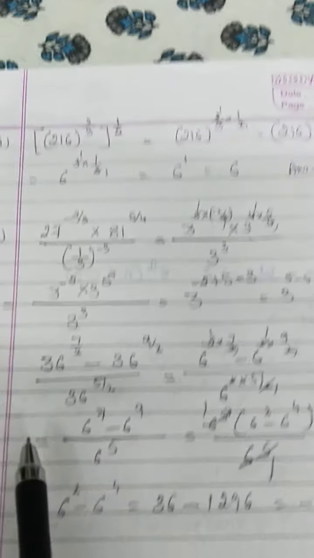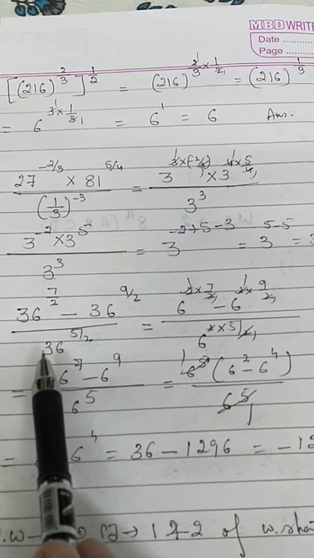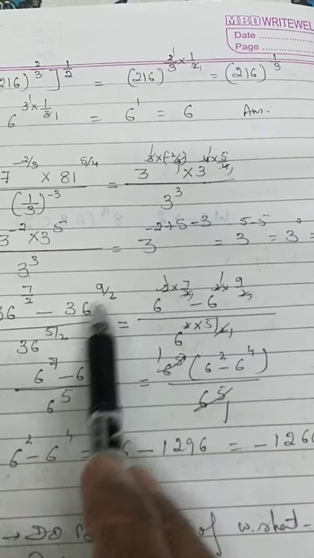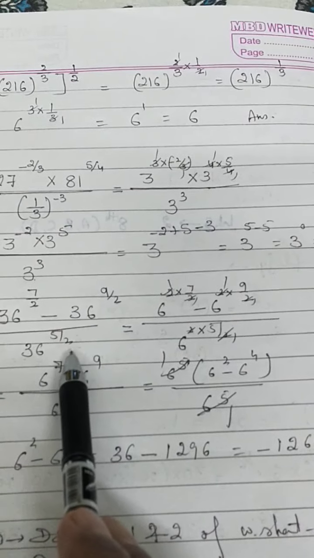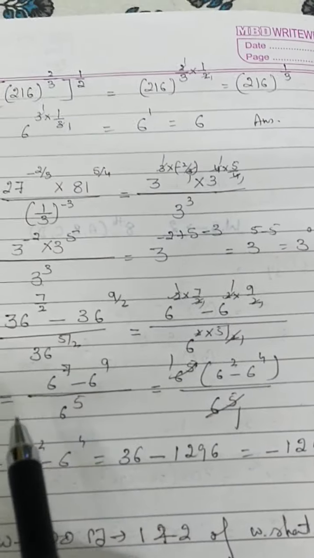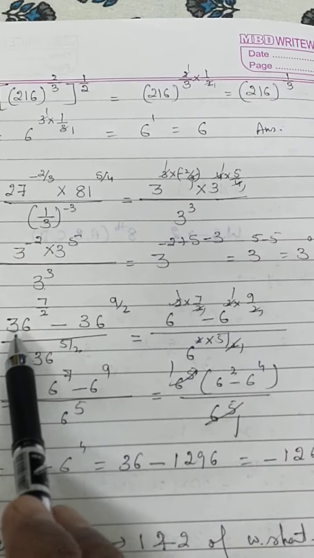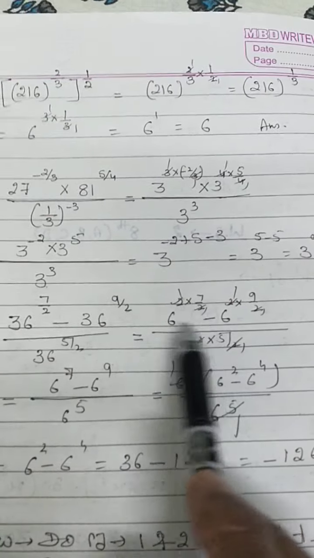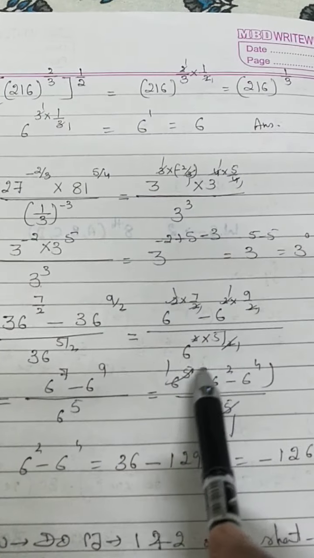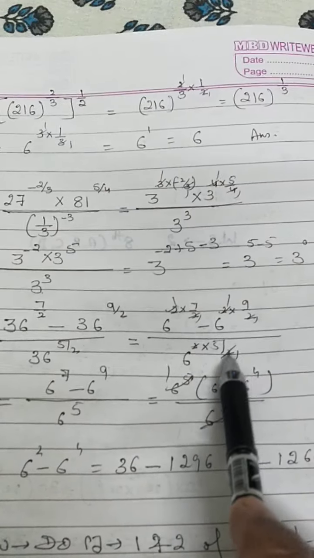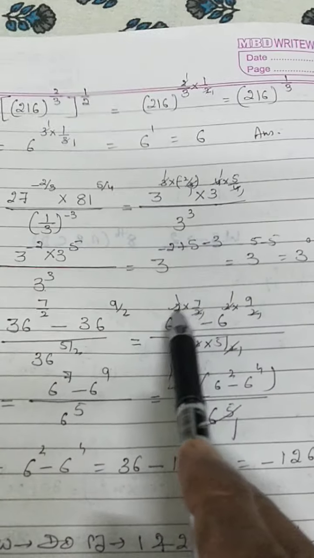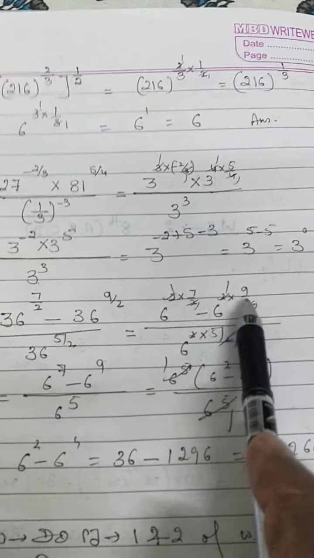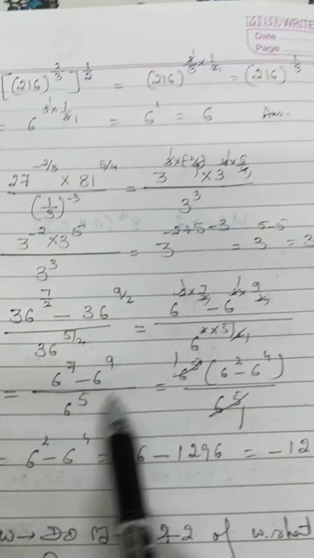Next, ninth: 36 raised to power 7.2 minus 36 raised to power 9.2 whole upon 36 raised to power 5.2. So dear children, again 36 is a perfect square number. 6 square into 7.2 minus 6 square into 9.2 upon 6 square into 5.2. 2 times 7.2 is 7, and so on for each. 6 raised to power 7 minus 6 raised to power 9 upon 6 raised to power 5.